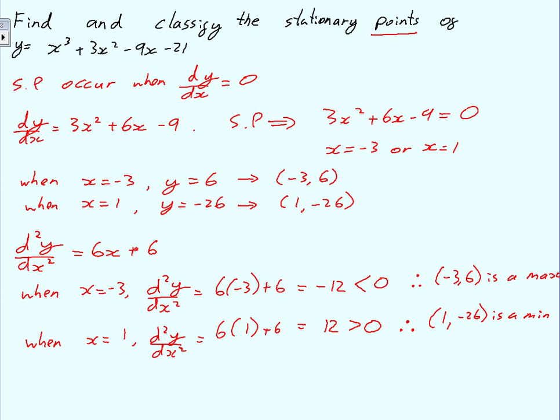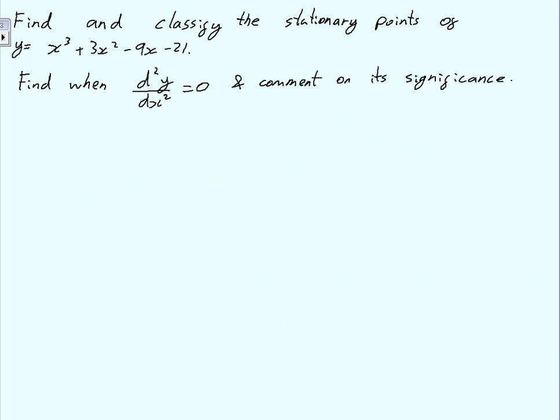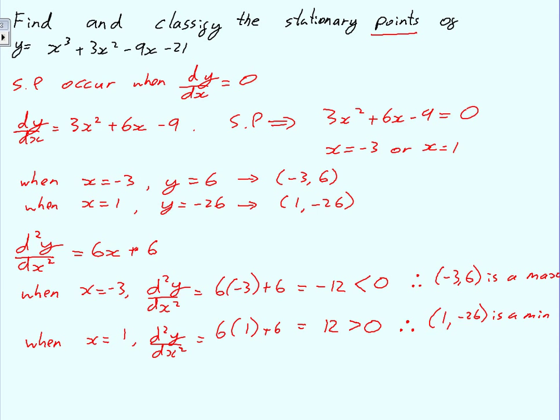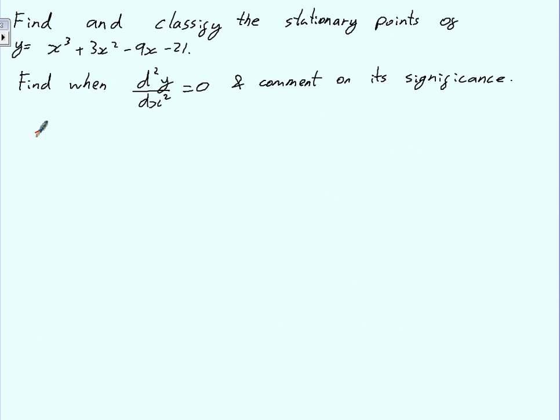Finally then, there's one other situation we need to look at. So we're dealing with the same curve still, but this time I want to find when the second derivative is 0 and comment on its significance. So from the previous slide, the second derivative we worked out was 6x plus 6.